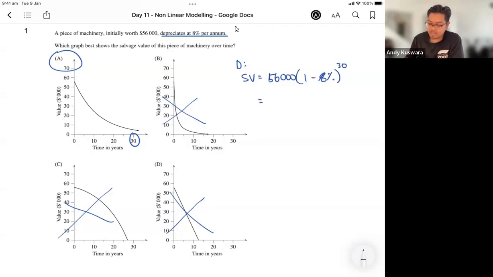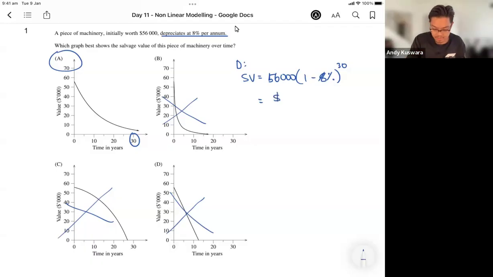And you're going to tell me what that answer is. Let's go 56,000 times (1 minus 8%) to the power of 30.